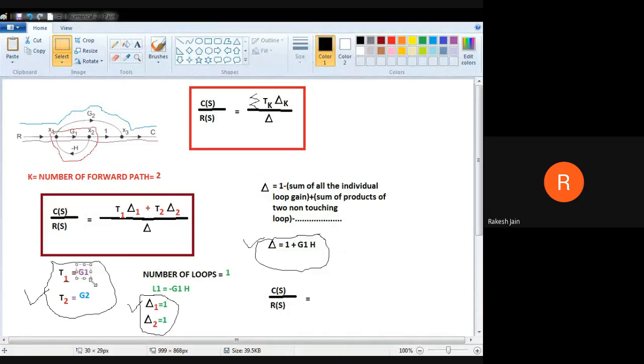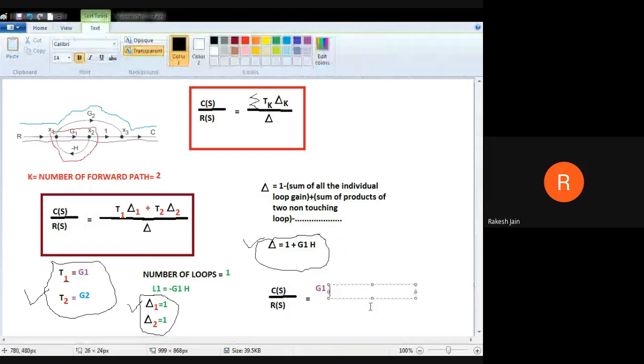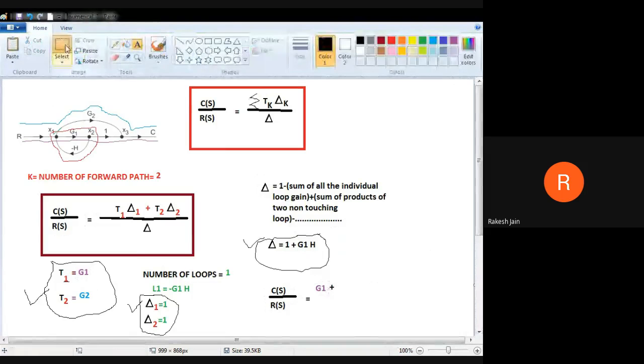Okay, so now I write down the final answer by putting all these values in this formula. So C(s) upon R(s) is equal to T1. What is T1? T1 is G1 del 1, but del 1 is 1, so there is no meaning to write it, because G1 multiplied by 1 is equal to G1 also. T2 is G2, and del 2 is 1, divided by del, and del is what? 1 plus G1H.